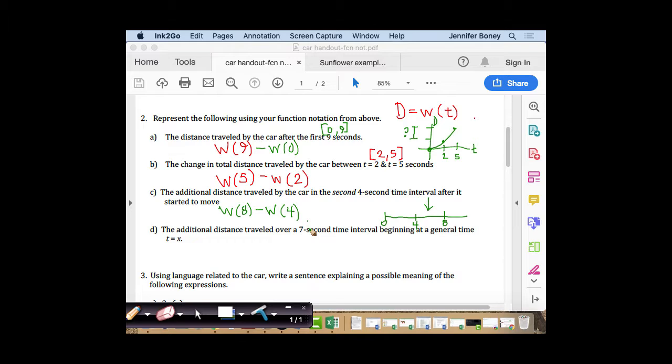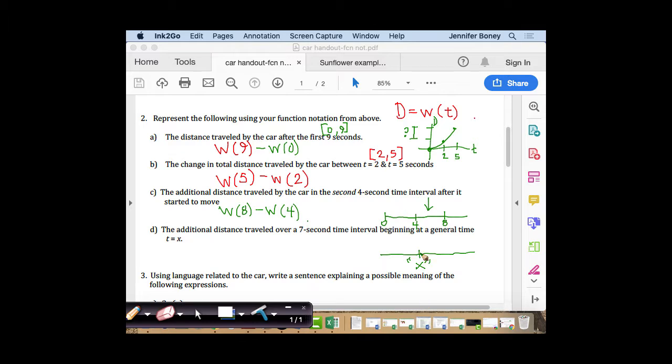All right. So part D, a more general interval, or a more weirdly described interval. The additional distance the car traveled over a 7-second time interval, beginning at a general time t equal to x. So here's some general time, x.